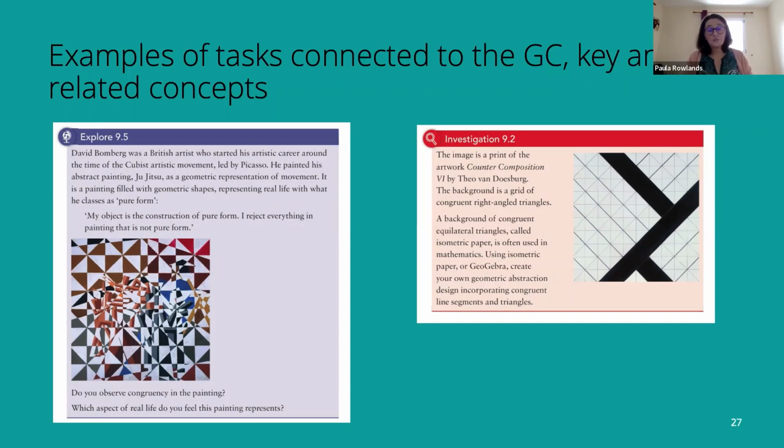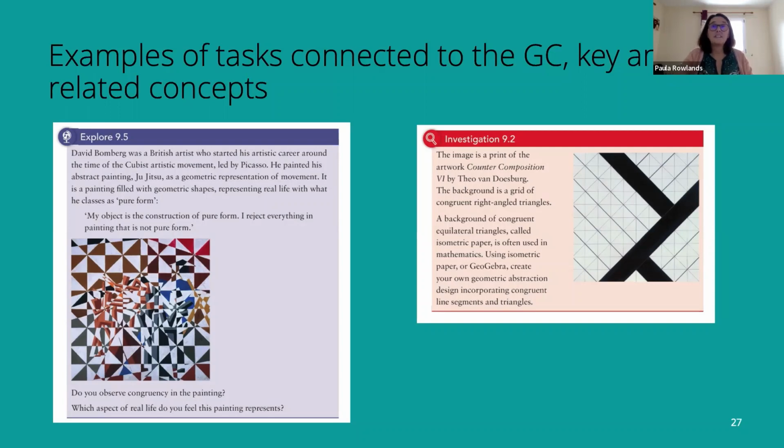You can see it's also connected to the big picture, which is form. And it's an open-ended explore task because there's no right or wrong answer. The students don't actually know what I'm hoping to teach them at this point. They're just exploring. So they're exploring the global context, and they're also exploring patterns in visual form.